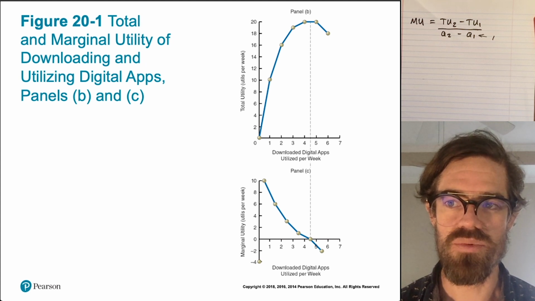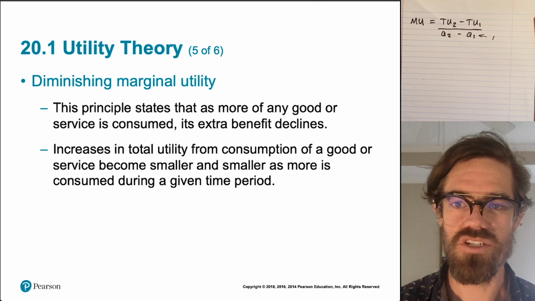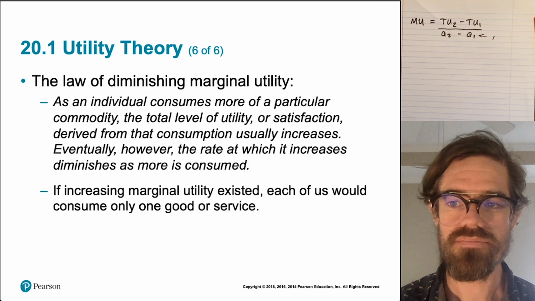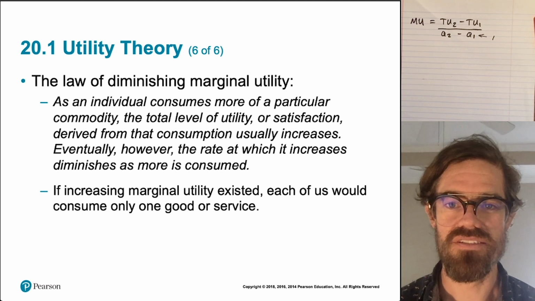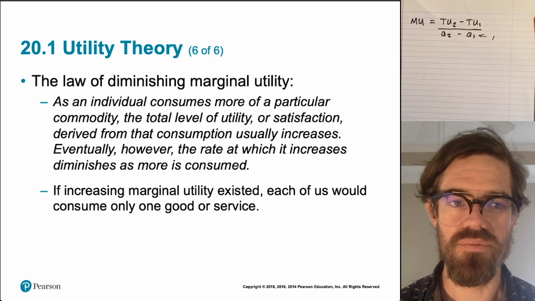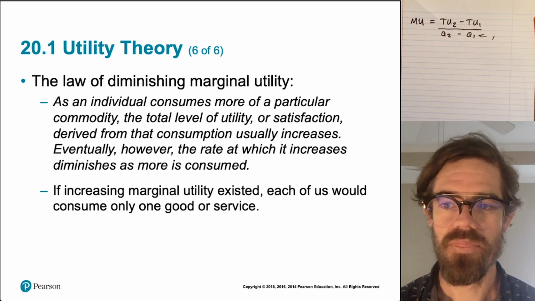So the slope is getting flatter and flatter until we reach the peak where the slope is exactly flat. So that's also what's going on with diminishing marginal utility. And like I said, this is so hard to refute that we actually call it a law. So there you go.